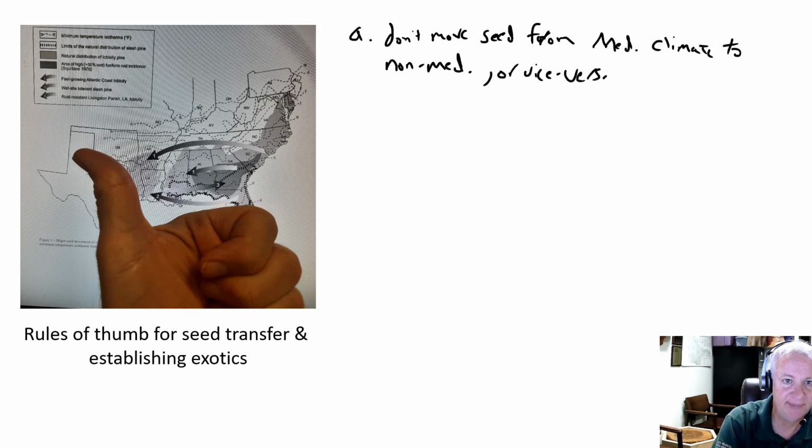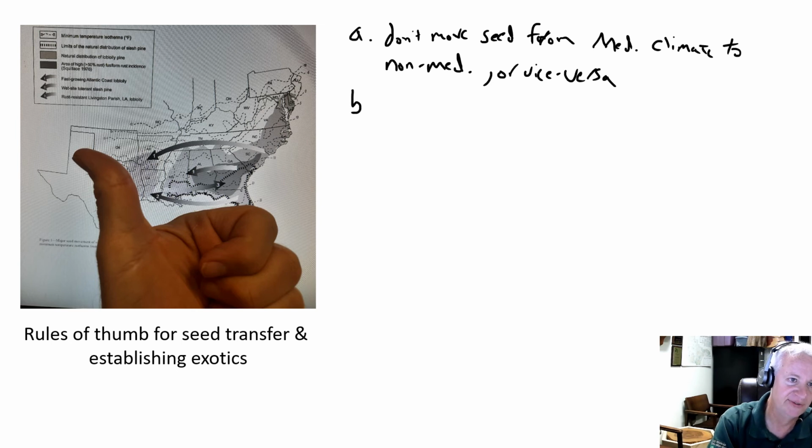And when I say Mediterranean climate, really what I mean is a climate with a very dry summer season and a wet, cool winter season, or vice versa. So basically the rule of thumb is don't transfer from a place with a dry summer to a place with a wet summer, or vice versa.